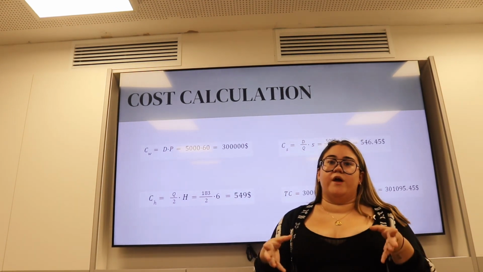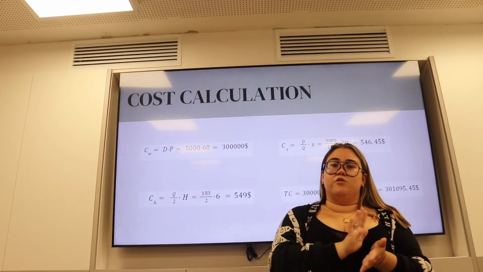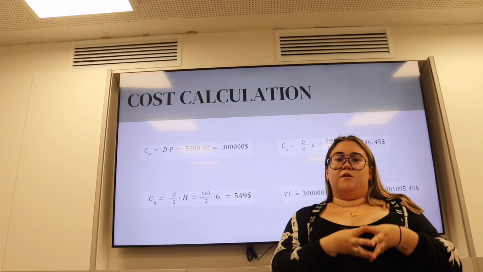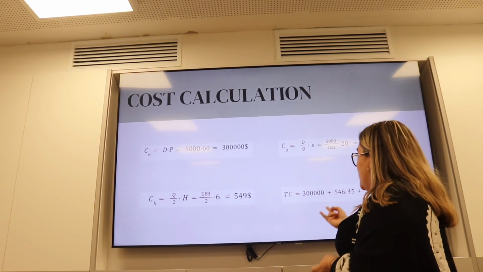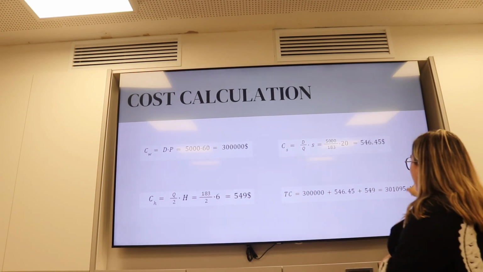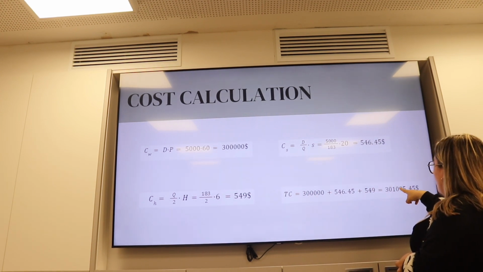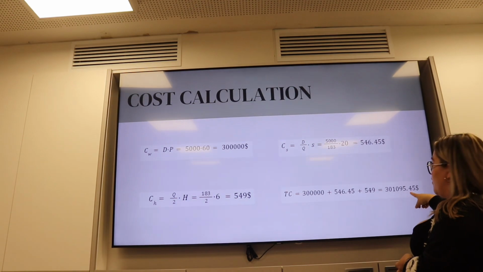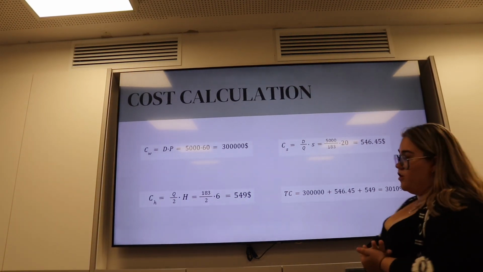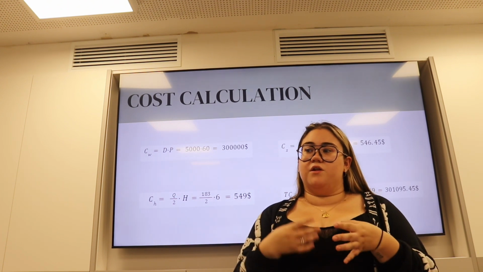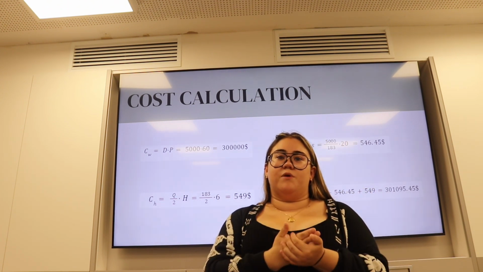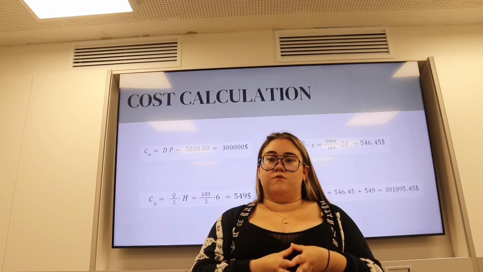So with everything we have, we can determine the total cost that Sturdy-Band sound systems will need in the inventory management sector, which is $301,095.45. Our comprehensive cost analysis reveals significant financial aspects of inventory management for Sturdy-Band sound systems.